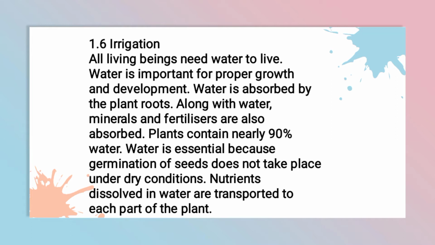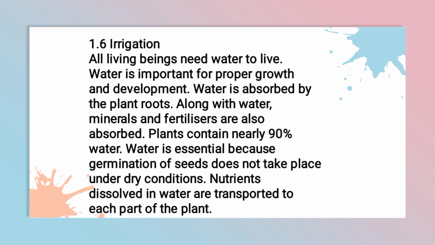So now let me tell you one thing. In your previous class you have studied about photosynthesis, where we saw the plant is taking nutrients and water from the soil. Now these nutrients, when they enter into the plant, must be dissolved in the water.